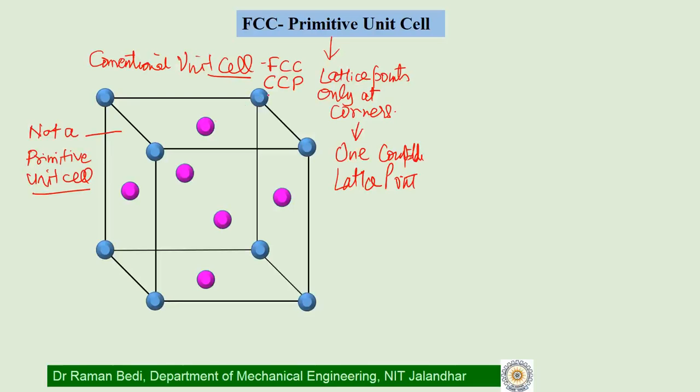When I look at this unit cell, the conventional unit cell for FCC structure, we find that it is a non-primitive unit cell, meaning it contains lattice points not only at the corners but at the faces also. So we say it is a non-primitive unit cell.